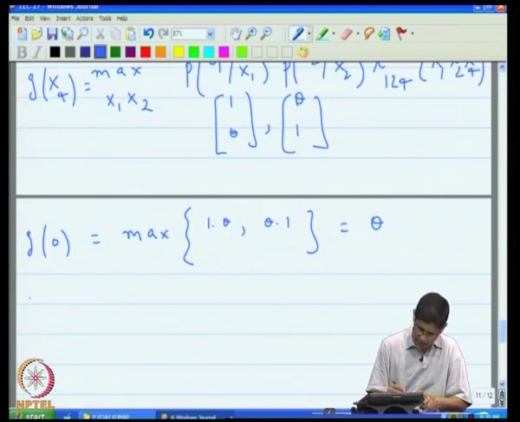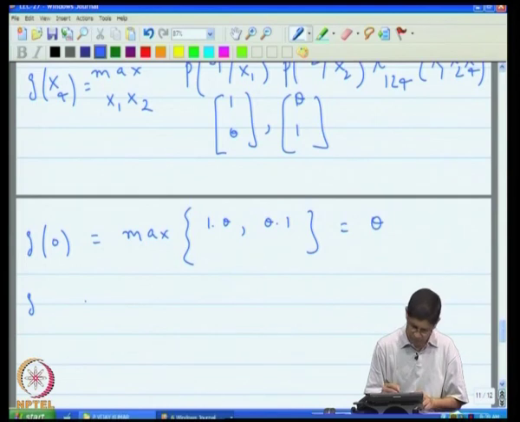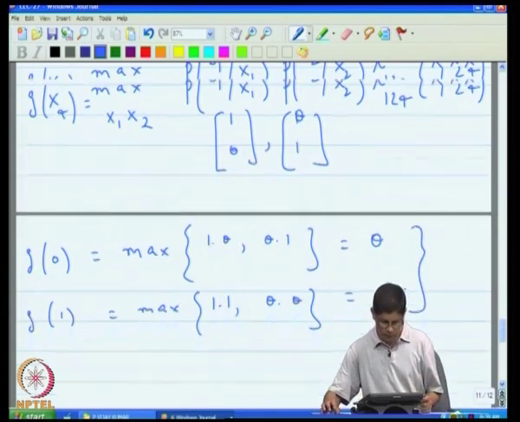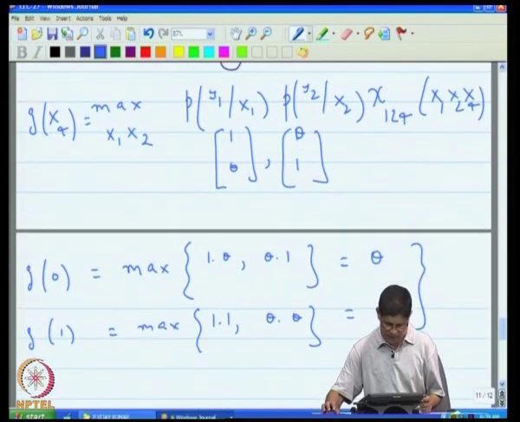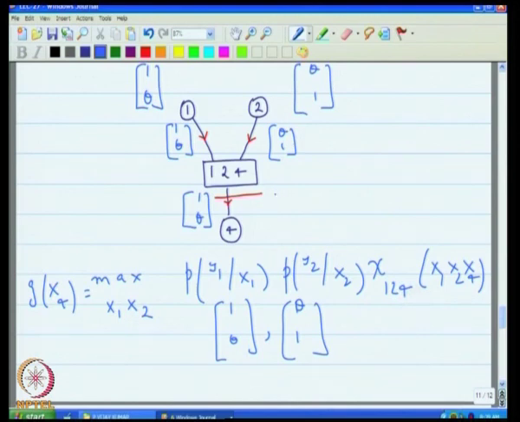G of 1 is the max of, and this time you go cross because 1 here forces 1 here. So, it is 1 times 1 and theta times theta. So, this is actually equal to 1. So, the message that is passed here as a result is theta 1. Okay. So, the message that is passed is theta 1.